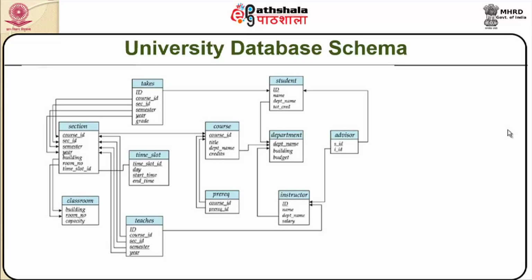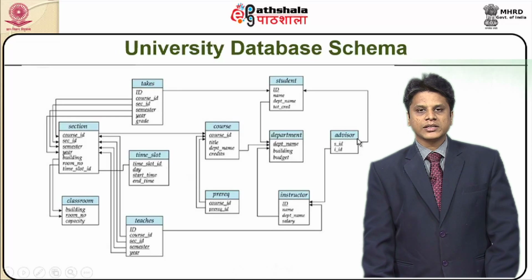To give you a simple representation of a schema, we have considered a university database which has got different entities like classroom, section, student, course, department, time slot, takes, instructor and advisor.